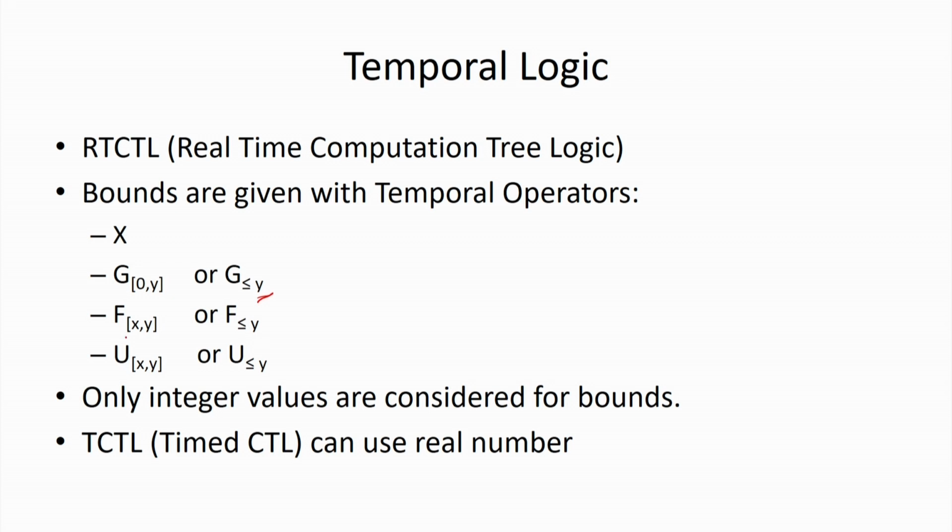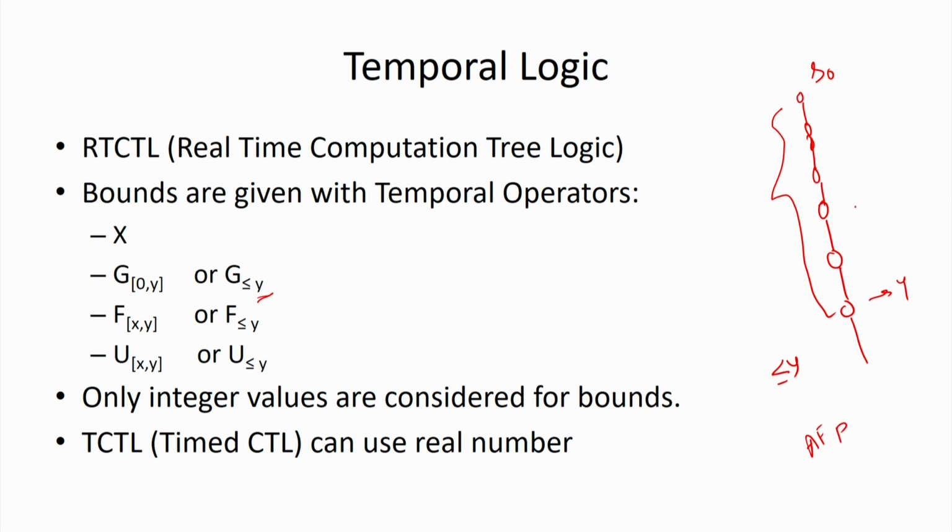Similarly, in future we can say that within this particular y time unit, P must be true, or that given property must be true, or we can give a bound that in between x and y it must be true. That means, if I look into a transition path, and I say it must be less than or equal to y, that means from this particular state somewhere P must be true, if I am going to look for say AFP or EFP.